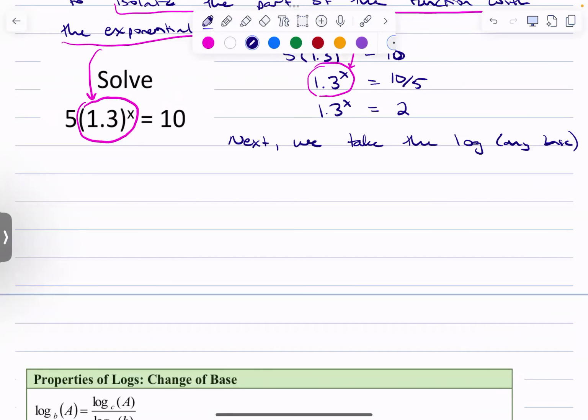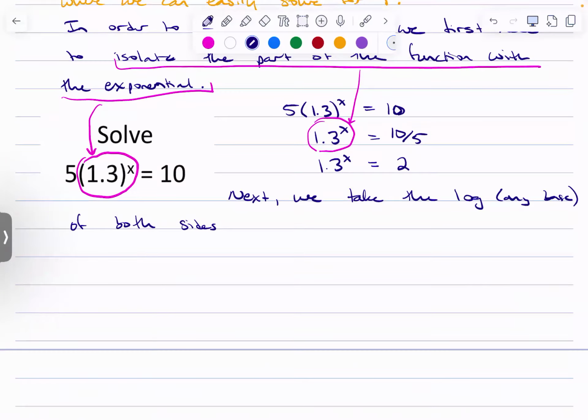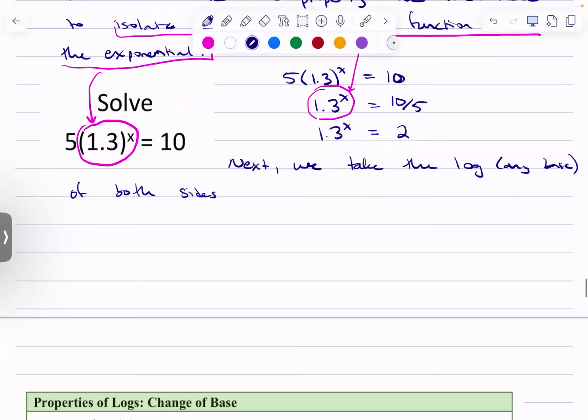What you do to one side of the equal sign, you have to do to the other side. And so I will use my go-to ln, the natural log, log base e.